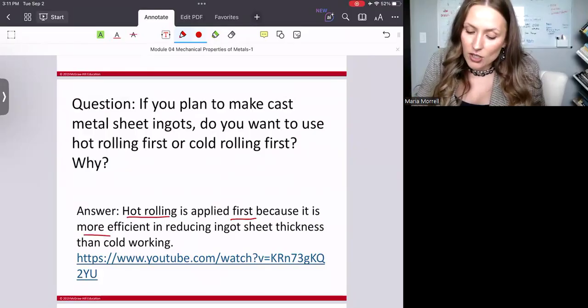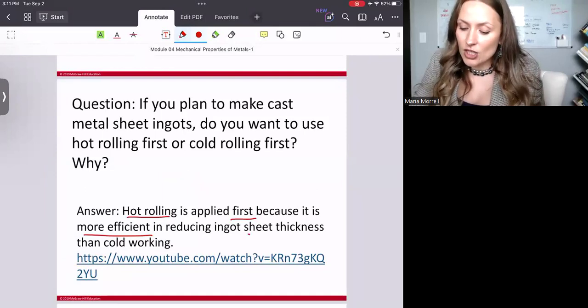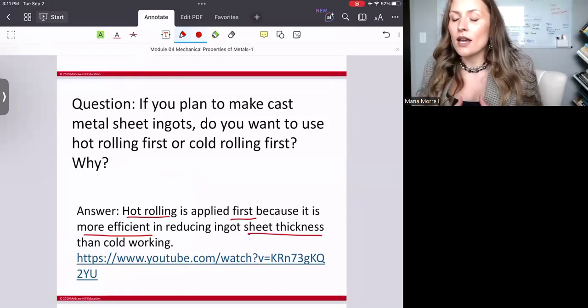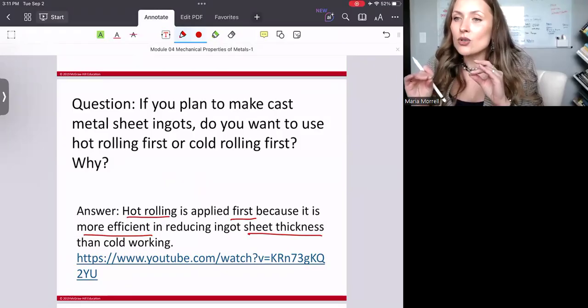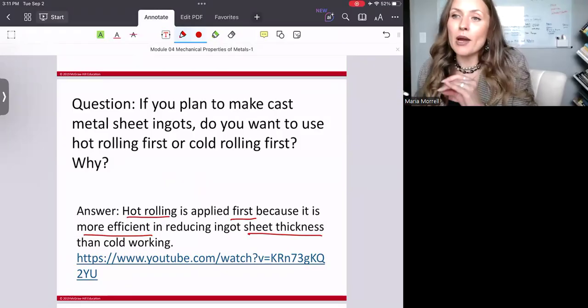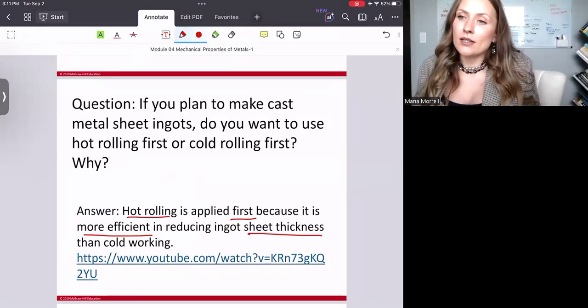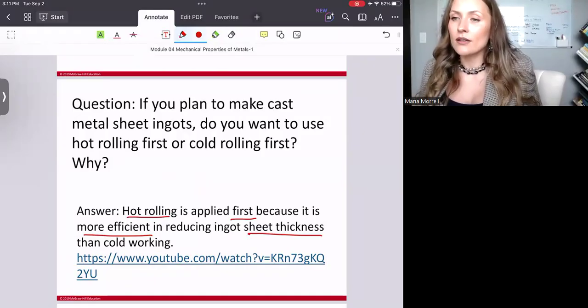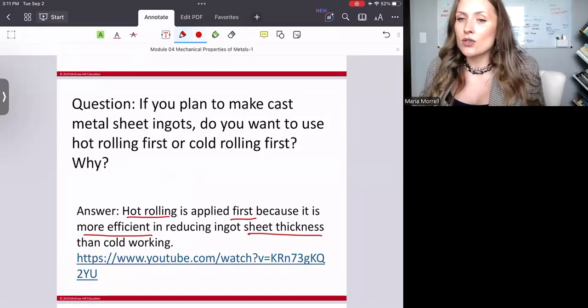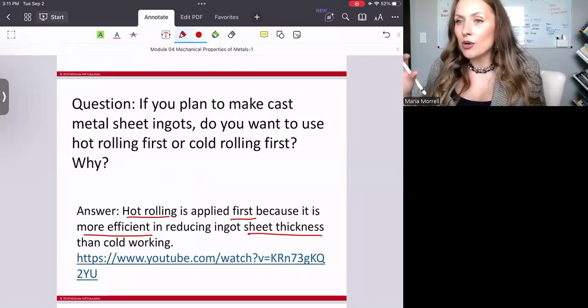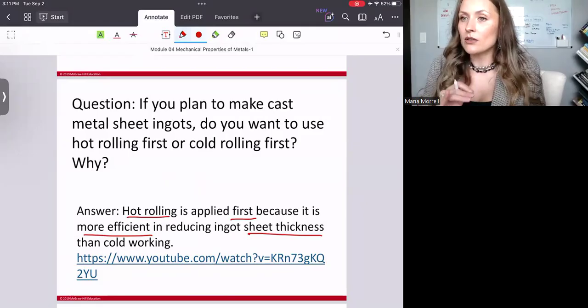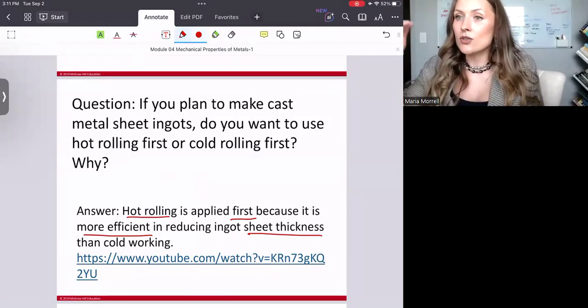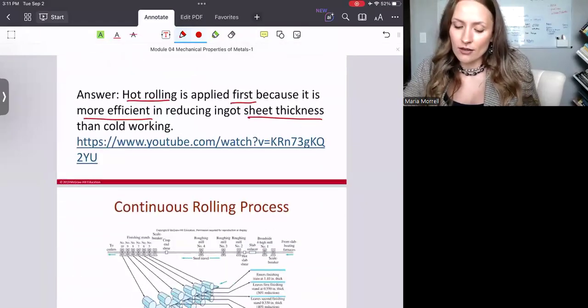Well, because it is more efficient in reducing the sheet thickness than cold working. It will allow you to get to the thickness that you're looking for in very few passes, and later, you can pass it to the cold work if, let's say, you would like to manipulate the strength of the material, if there's a specific number you would like your material to get to in terms of tensile strength.